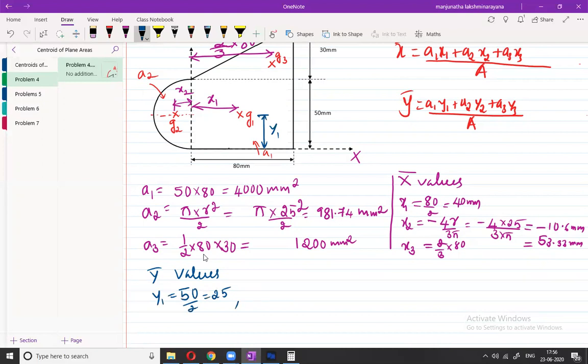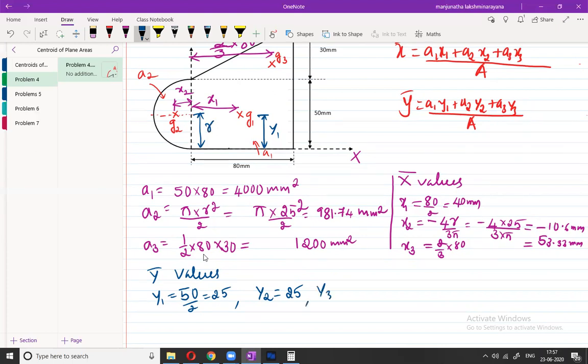Next, y2 is the distance of G2 from the x-axis. It is also lying at the same distance from the x-axis, equal to 25 mm, because the distance from here to here is nothing but the radius, 50 by 2, 25.